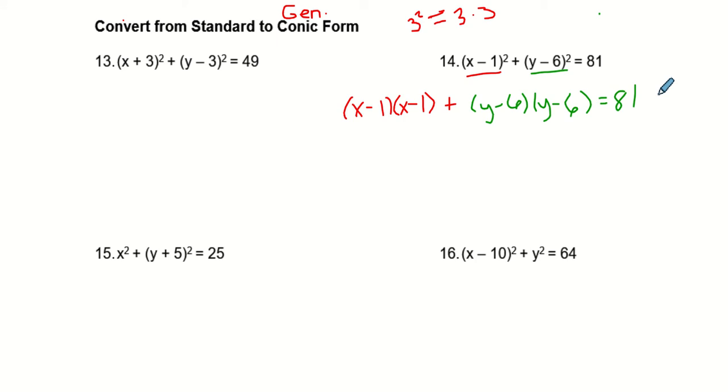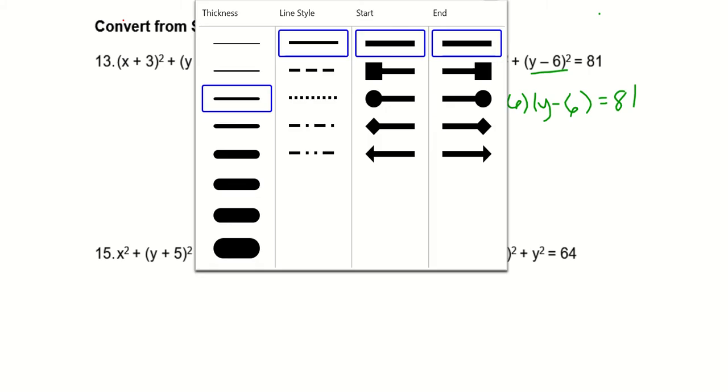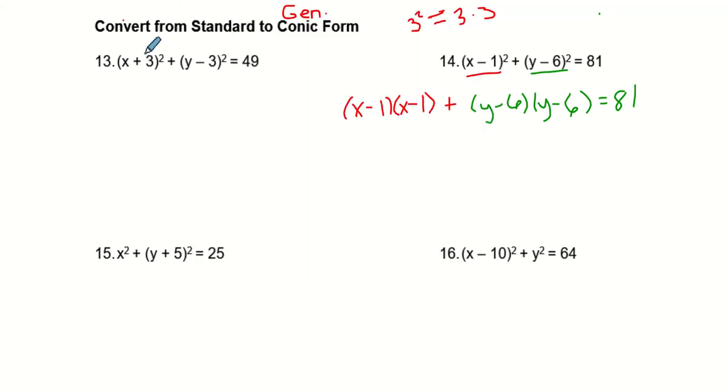All right. Now from here, we're going to multiply these out. So we're going to distribute. This term has to multiply by both of the terms in the other parentheses. So x times x and x times negative 1. And then we do the same thing with negative 1: we multiply that times x, and we multiply that times negative 1.